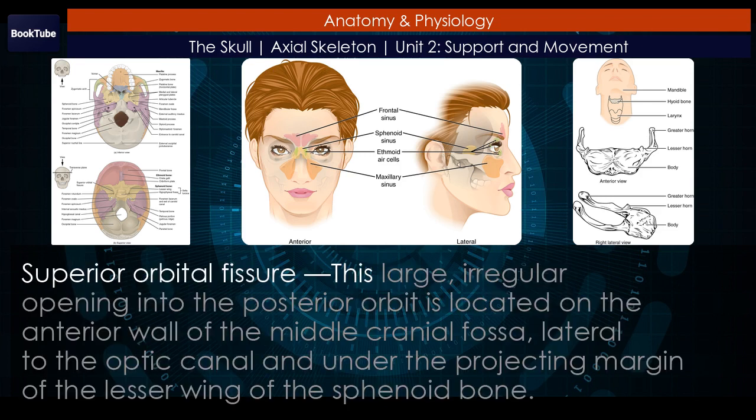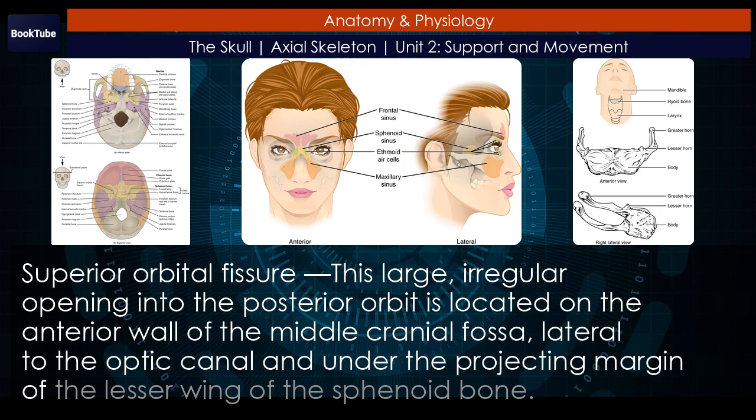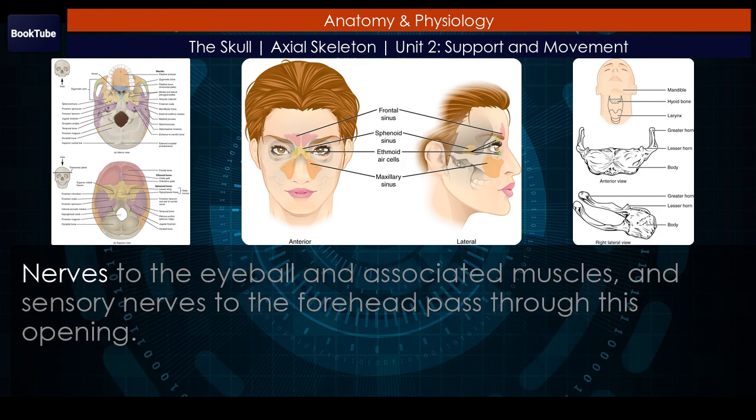Superior orbital fissure. This large, irregular opening into the posterior orbit is located on the anterior wall of the middle cranial fossa, lateral to the optic canal and under the projecting margin of the lesser wing of the sphenoid bone. Nerves to the eyeball and associated muscles, and sensory nerves to the forehead pass through this opening.